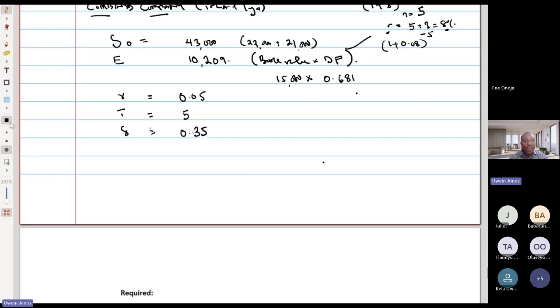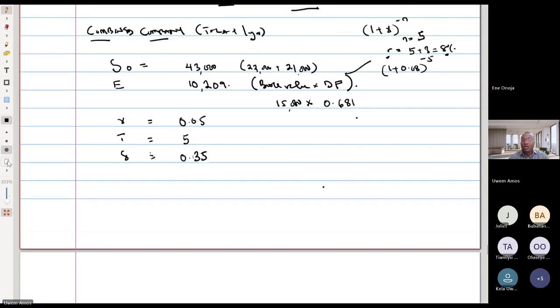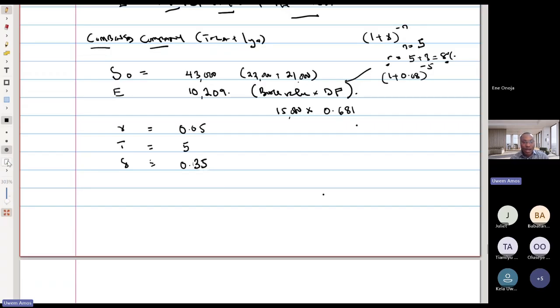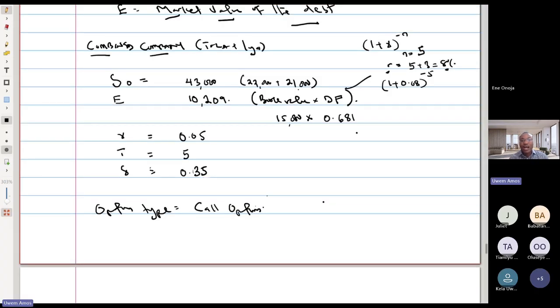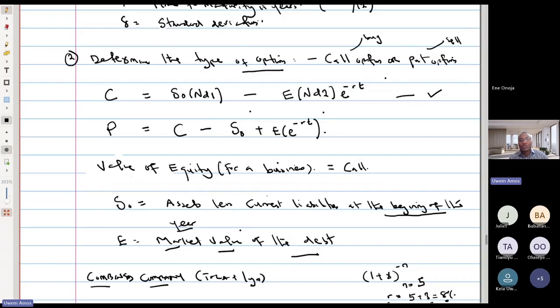If we are to sell, we know that it's a put option. Because it's buying, we know that it's a call option. So the option type is a call option.